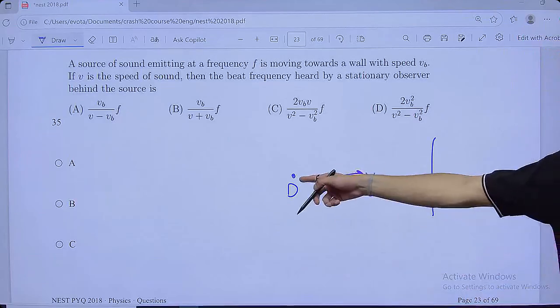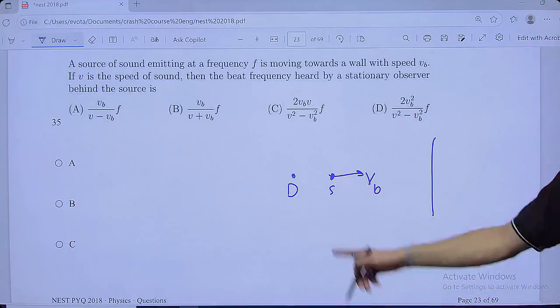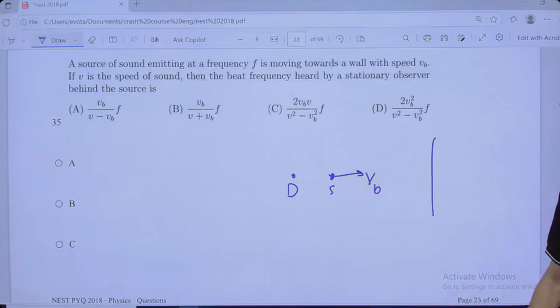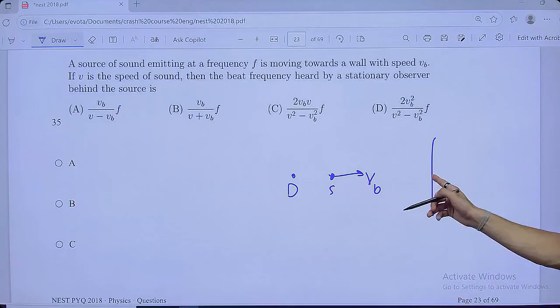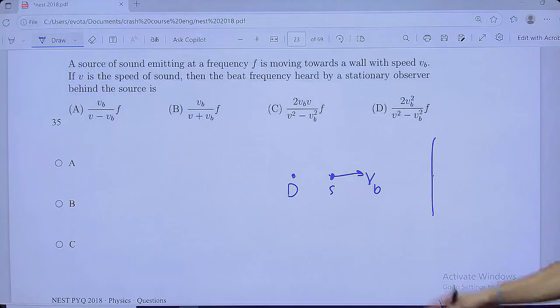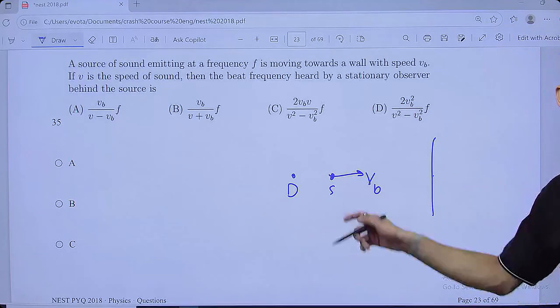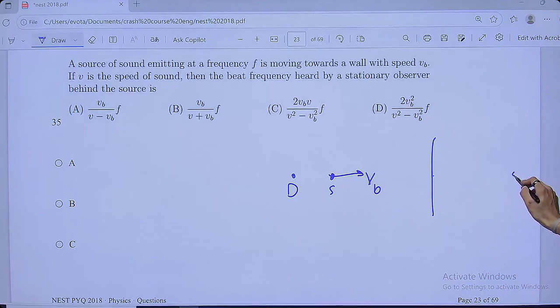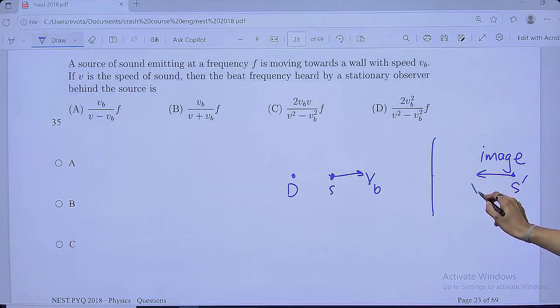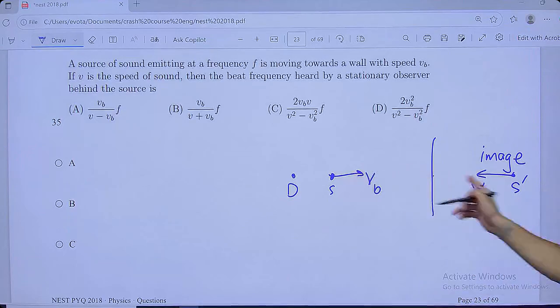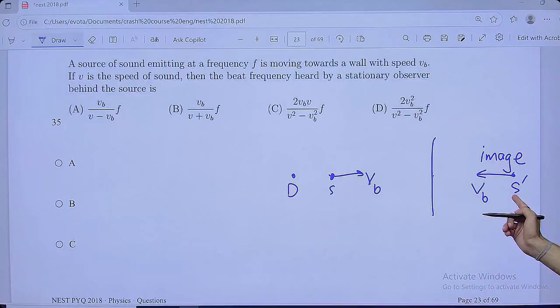The frequency that the detector will hear reflected by the wall will basically be the frequency that the wall hears. But you can solve this much easier by considering an image source. This image source S dash will be moving towards the wall with some speed vb. If you can see the mirror image, then the sound emitted by the mirror image will be heard by the detector. You can assume this also.